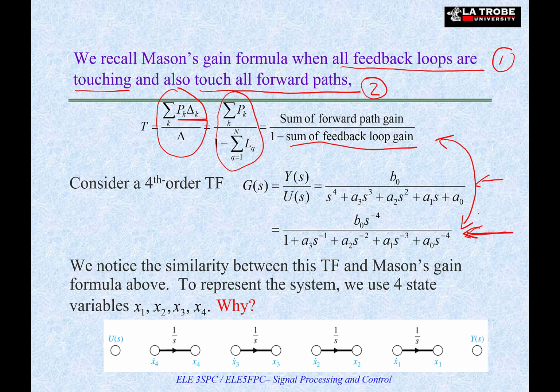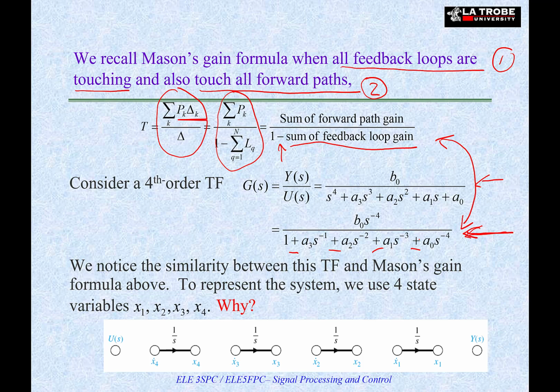And you may ask, in the simplified version of Mason's gain formula, it was a minus sign, whereas here it's all the plus sign. But this is easy to explain. If all the feedback loops are negative feedback loops, then we get all the plus signs.